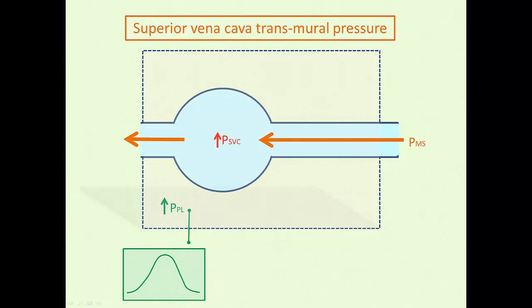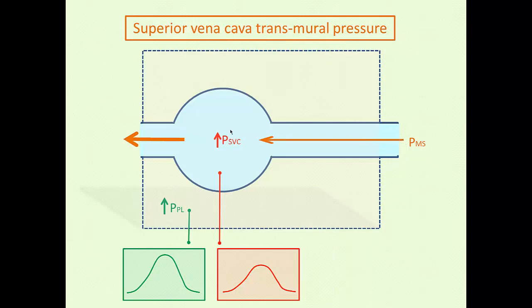This pressure is then distributed to the SVC, so the SVC pressure also goes up. If you had a pressure probe in the SVC, like with your triple lumen catheter, you'd see the pressure go up as well in a passive patient on a mechanical ventilator. But it would not go up as high as the increase in the pleural pressure. Well, why not? You shrink venous return.